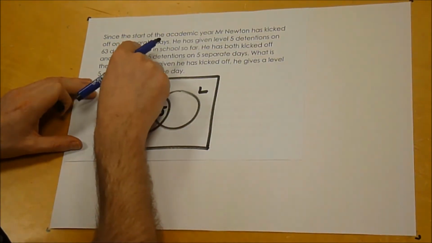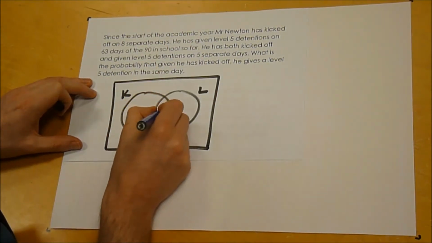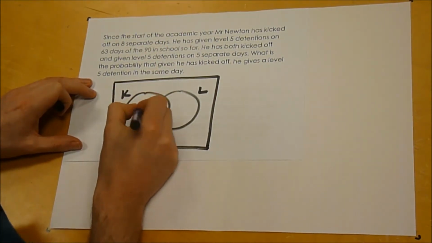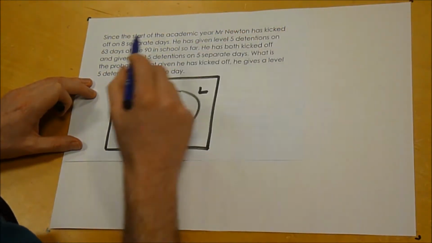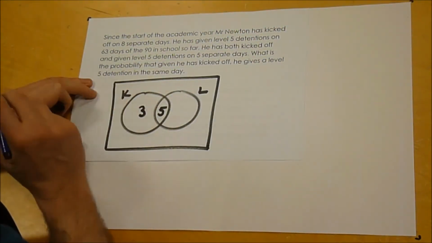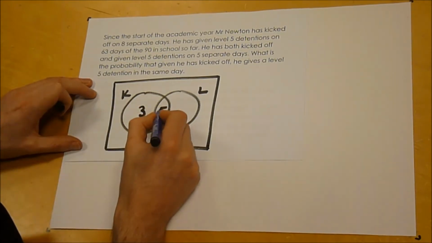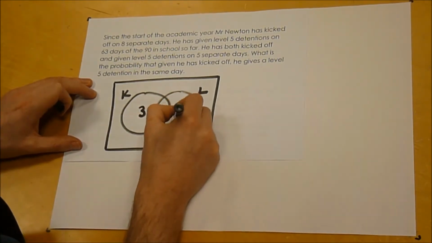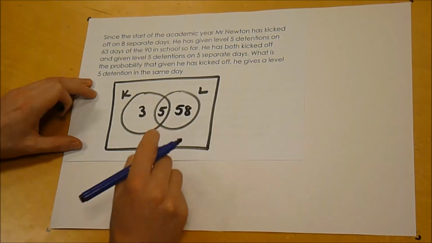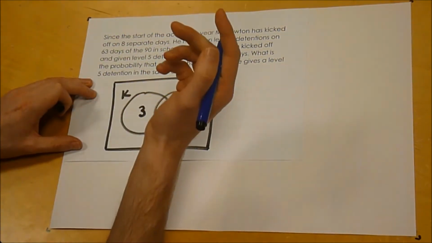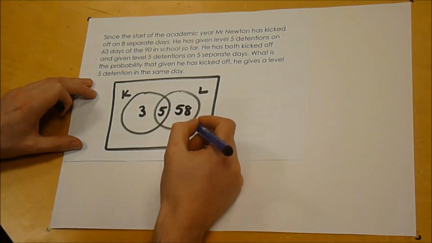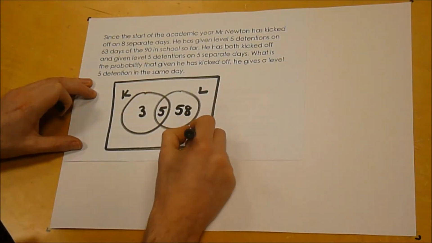We know that he's kicked off on 8 separate days, so we've already got 5, so that's another 3 where he only kicked off. Level 5 detentions, he's done that in 63 of the 90 days. We've already got 5 in the middle, so that leaves 58. If we add all these up, that comes to 66, but we know that we're looking out of 90 days. So 90 take away 66 leaves 24.